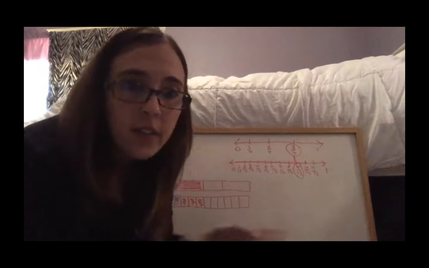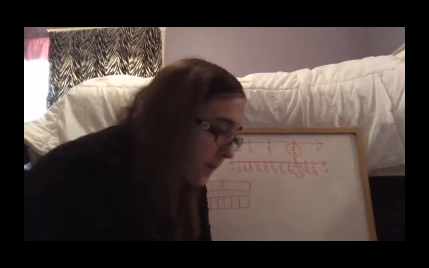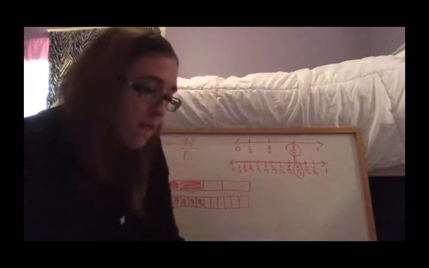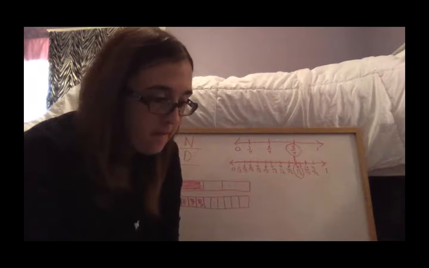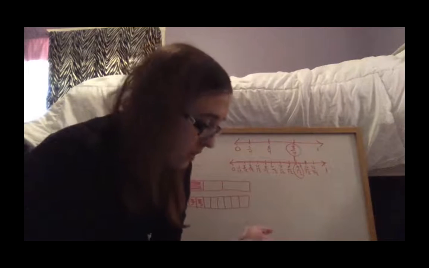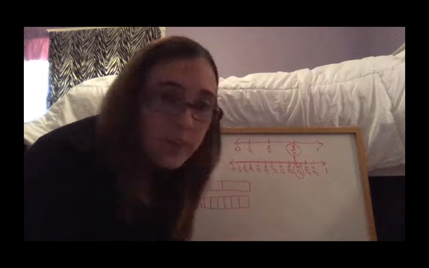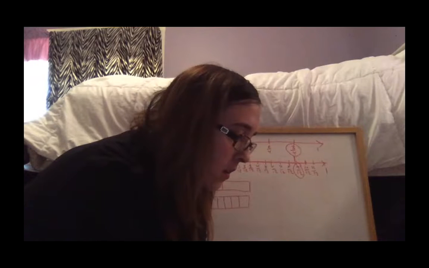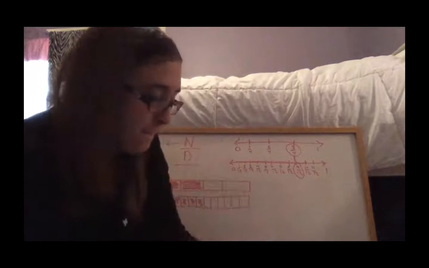Okay, so I got 1/8. So everyone will get 1/8. Now I got 1/4. So each one of us has a 1/4, and each one of us has a 1/8. Gotcha. Okay.